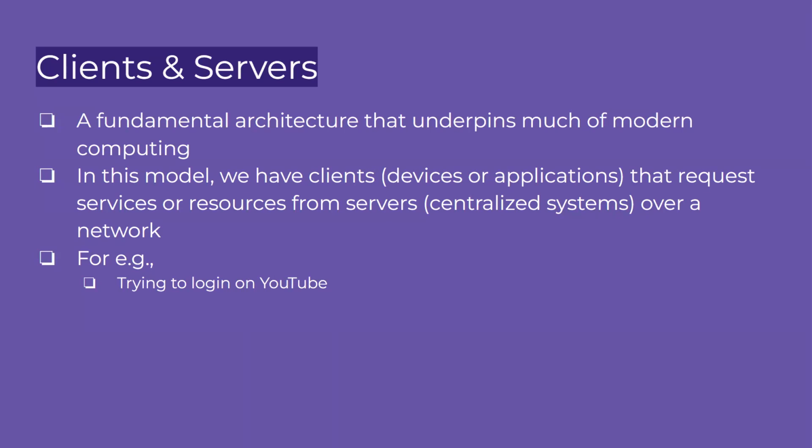If the login's successful, then they'll send back all that information, and now suddenly we have access to our account. Trying to watch a video on YouTube is pretty similar. Your device, the client, requests access to a video's data from the YouTube servers. And of course, if that video is found, if everything's okay, they'll send that back.